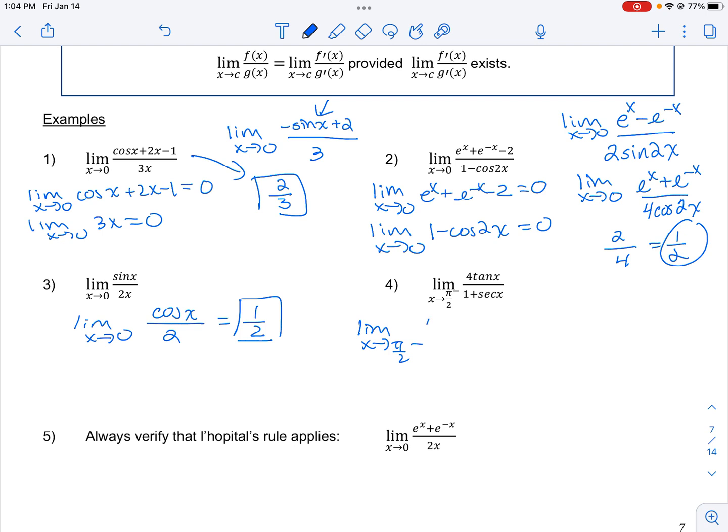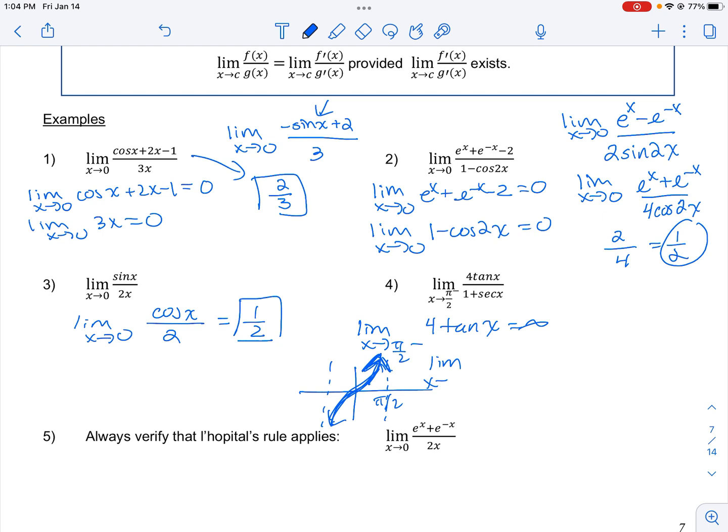This is saying the limit of the tangent of x as you approach pi halves from the left-hand side. The thing you need to remember is you do need to think about the graph of the tangent. So remember, this is your tangent graph. We are approaching pi halves from the left-hand side. As this graph goes to pi halves, remember the tangent graph goes to infinity. So this limit is infinity.